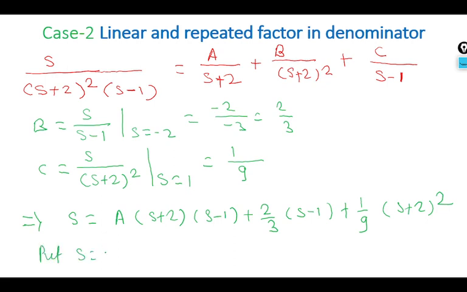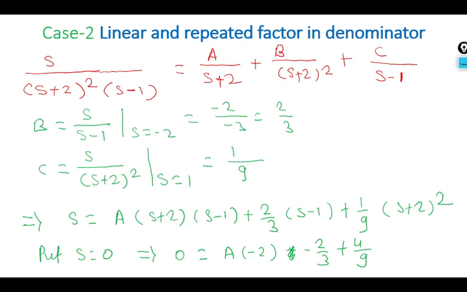So put s equal to 0, and you get 0 is equal to a into minus 2, plus minus 2 by 3, and 2 squared is 4, plus 4 by 9. If you simplify this equation, you get the value of a.